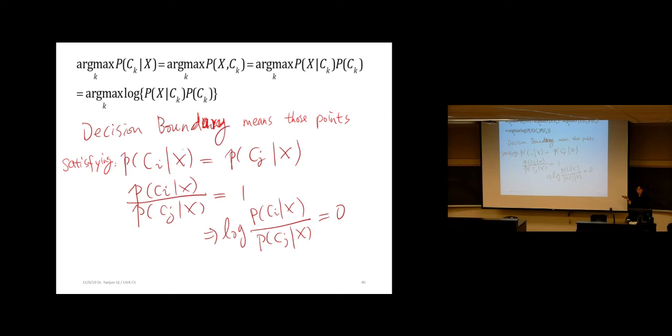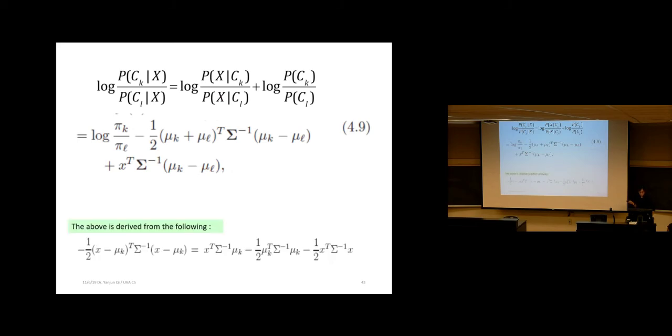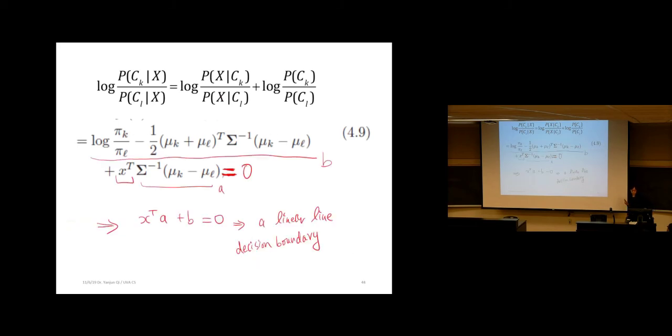That means the log density ratio is 0 for those linear decision boundary classifiers. Now we can just replace PCI conditional X using the LDA conditional probability, and you can do all the derivations. I'm not going to do that, but it's a very good proof.